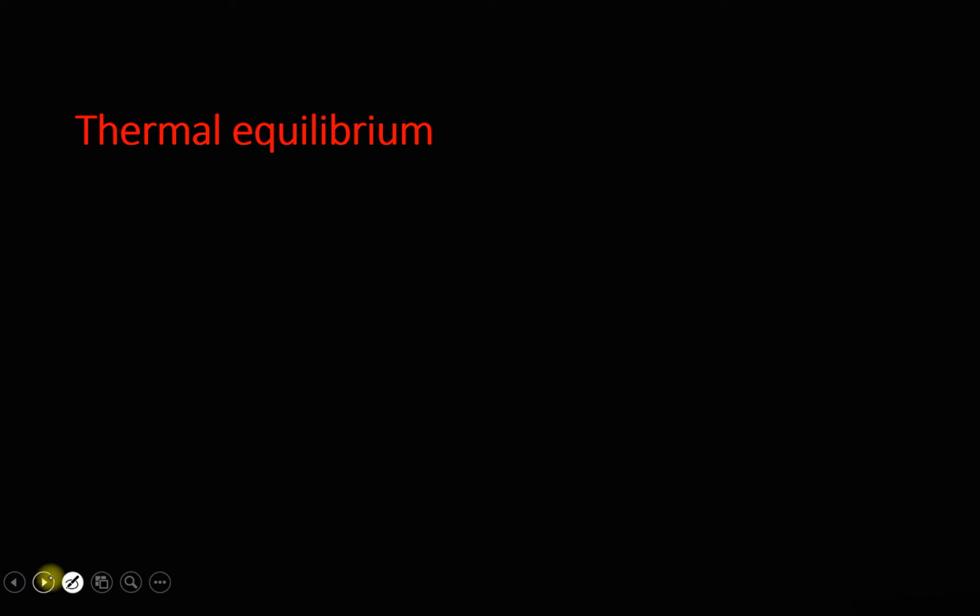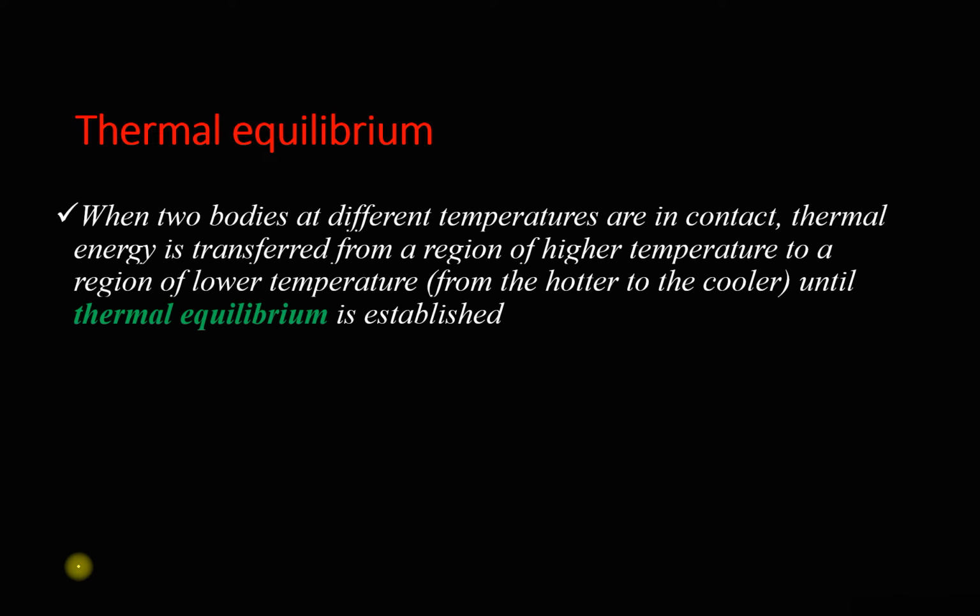So when two bodies at different temperatures are in contact, thermal energy is transferred from a region of high temperature to a region of low temperature, that is, from the hotter to the cooler, until what we call thermal equilibrium is established.